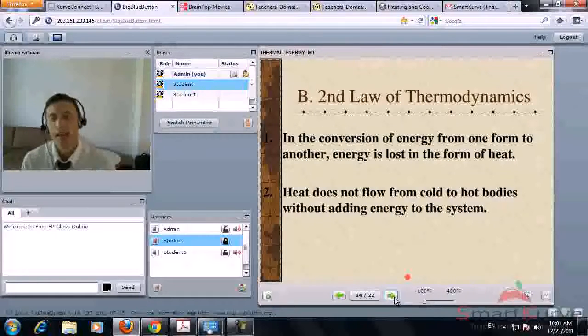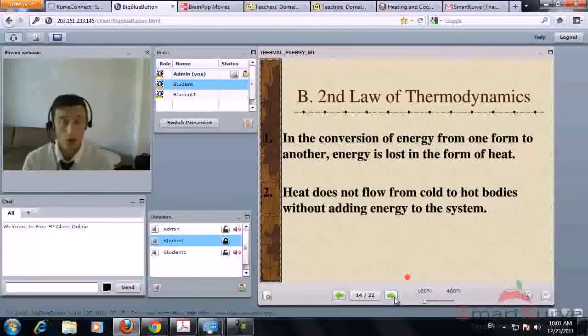Second law. In the conversion of energy from one form to another, that means when we change from one to another, when the battery converts that chemical energy to electrical, when the iron converts electrical energy to heat, energy is lost. Every step of the way, we lose a little bit of energy in the form of heat.